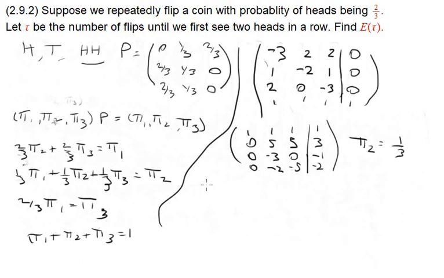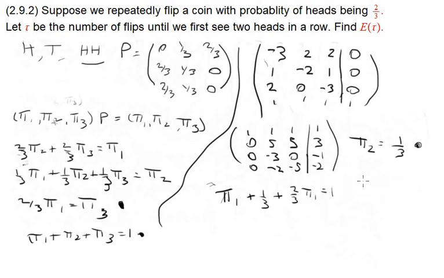Alright, so we could plug that into this equation here, and the final equation, and put that all together. So you've got pi1 plus 1/3 plus 2/3 pi1 equals 1.